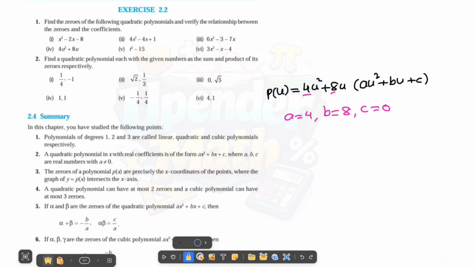Now let's find the zeros first. P of u is equals to 4u square plus 8u. To find its zeros, we have to make it equal to 0. So p of u value 0. So 0 is equals to 4u square plus 8u.